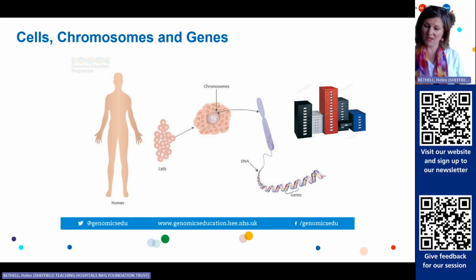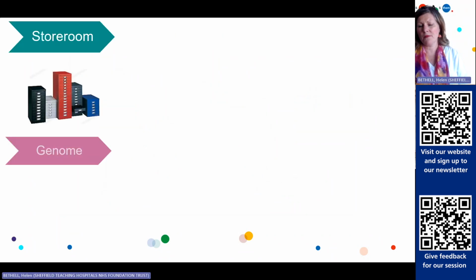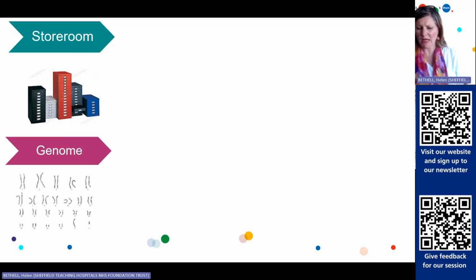And this twisted ladder is tightly condensed into structures called chromosomes, which I often think of as like filing cabinets, which is why there's a set of filing cabinets on the slide in front of you. So if we think about that storage of genetic information, and we think about a genome and that whole amount of genetic material within our cells, it's, as I said, arranged on structures called chromosomes, which essentially are like the filing cabinets.